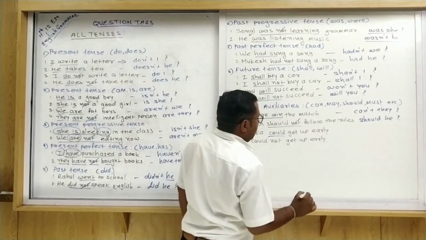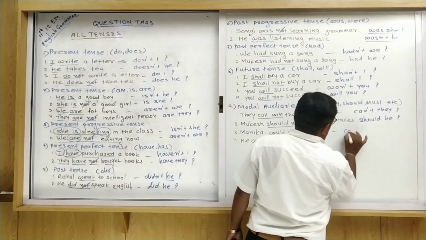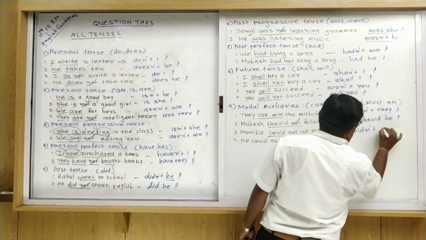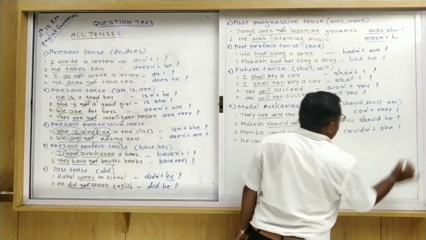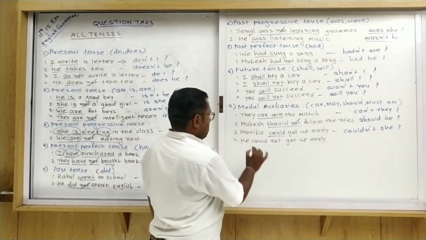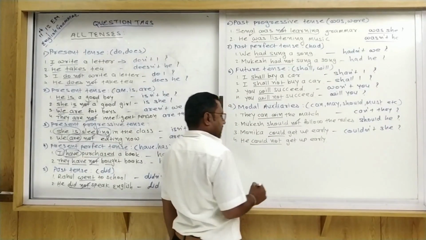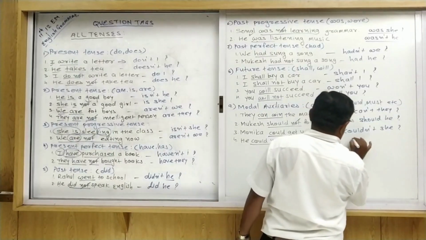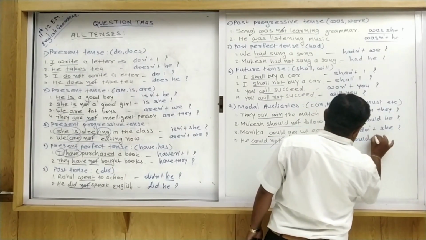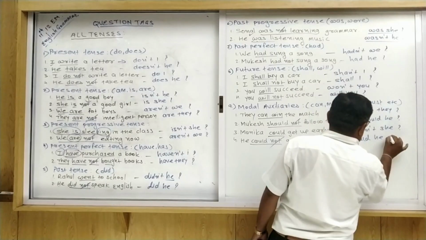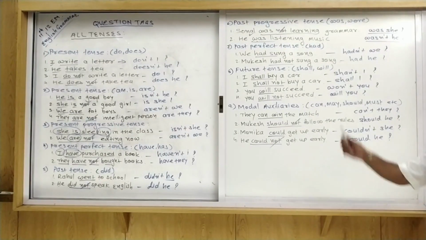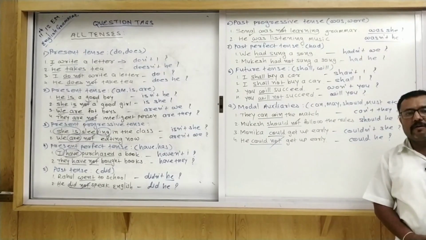Monica could get up early. So could. So the right answer is couldn't Monica. That means the pronoun is she. He could not get up early. Remove not and write could he. Okay. Now you write it down in your notebook.